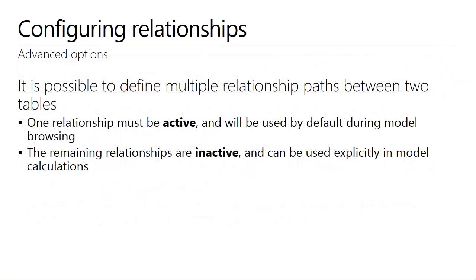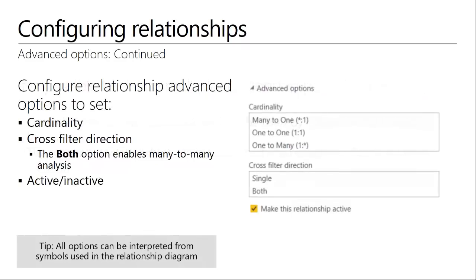In the advanced options, it's possible to define multiple relationship paths between two tables. However, one must be active and all other paths must be inactive. And to use an inactive relationship would require an explicit reference in a model calculation. You can also configure cardinality and cross-filter direction.